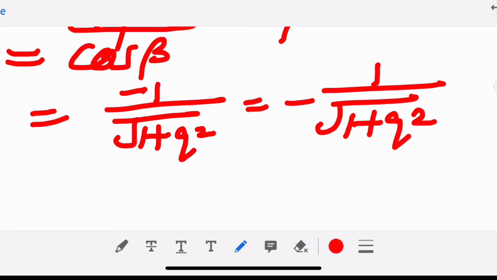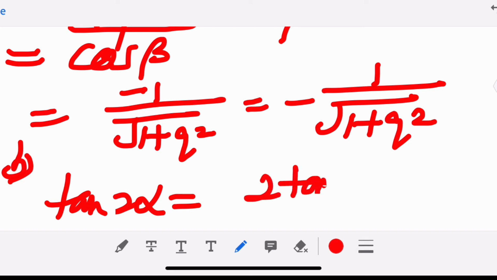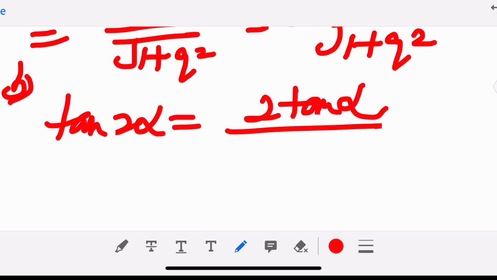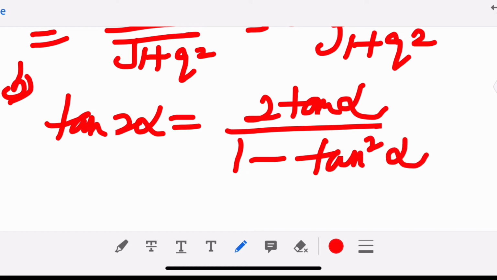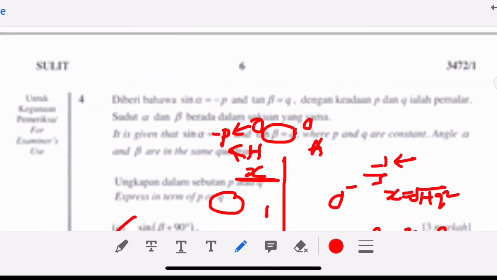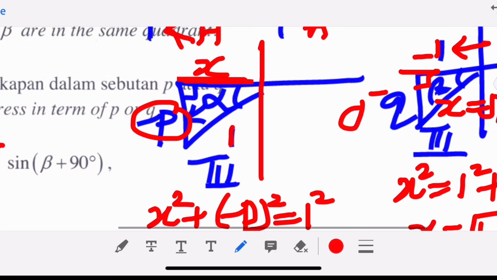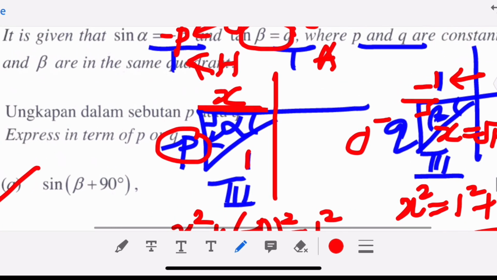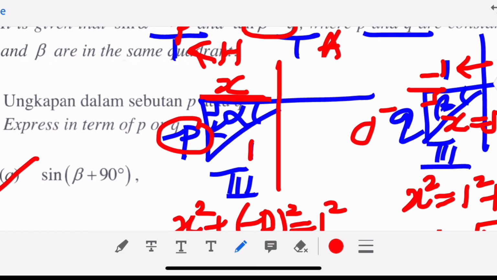Alright, and then for B, tangent 2 alpha is 2 tangent alpha over 1 minus tangent squared alpha. So let's read the tangent alpha. Tangent is opposite over adjacent. Negative p over the x, but it's at the third quadrant, so the x should be negative, right?